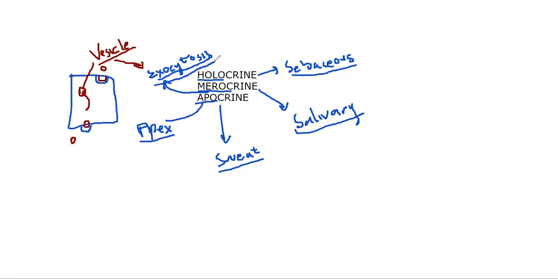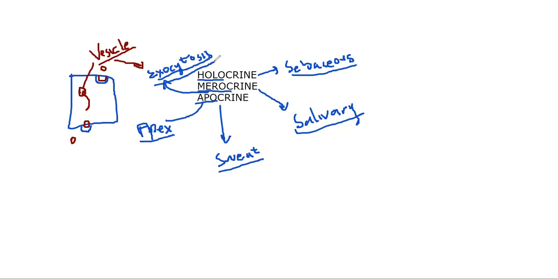They can secrete their contents in what we call a holocrine way, whereby the whole cell bursts and then it secretes its contents. Or they can do so by merocrine. Merocrine is a way of secreting the products using what? Exocytosis. You can't speak of exocytosis and forget to mention a vesicle.